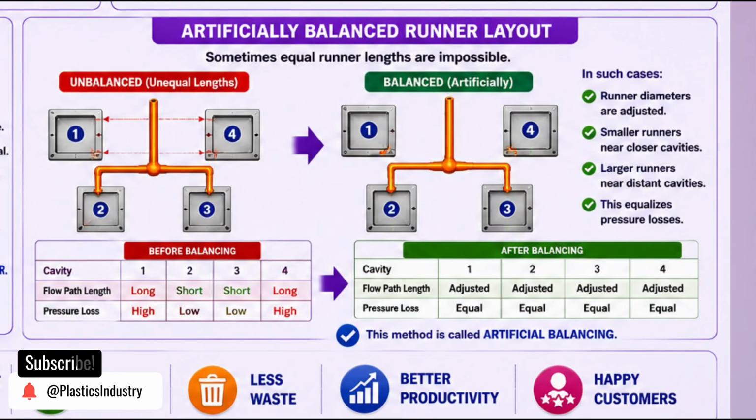Artificially balanced runner layout. Sometimes equal runner lengths are impossible. In such cases, runner diameters are adjusted: smaller runners near closer cavities, larger runners near distant cavities. This equalizes pressure losses. This method is called artificial balancing.